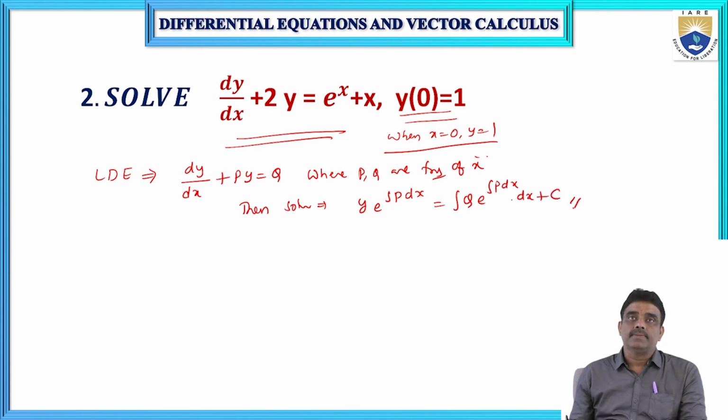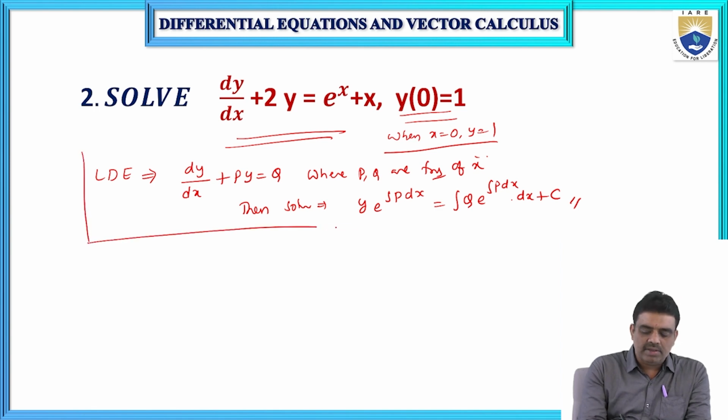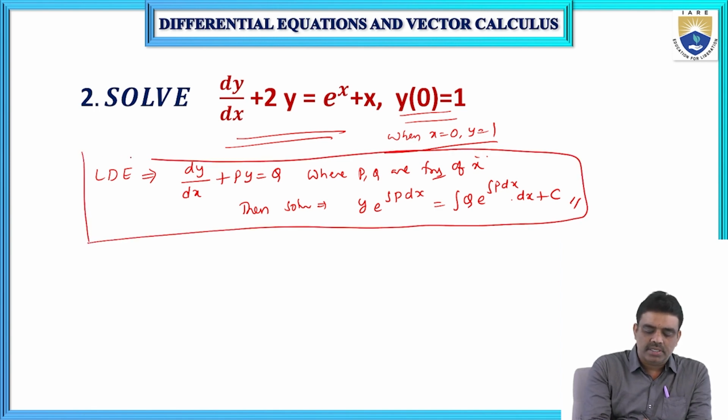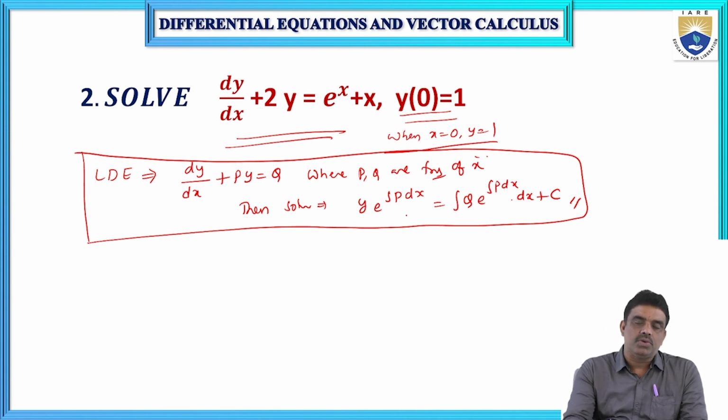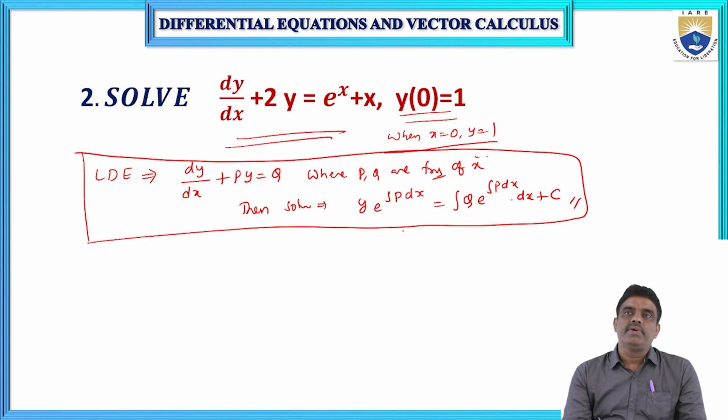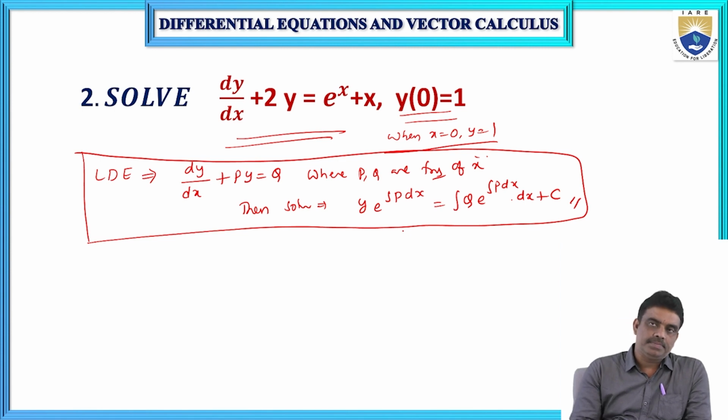This is the solution. If the given equation is in the form of linear differential equation, the solution will be y into e^(∫P dx) = ∫Q into e^(∫P dx) dx + c.